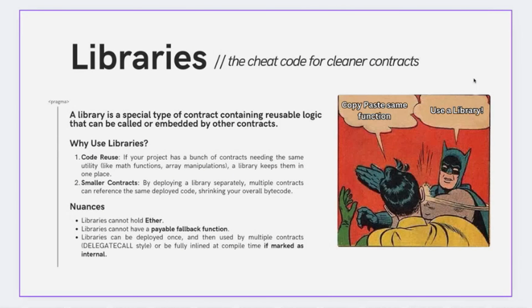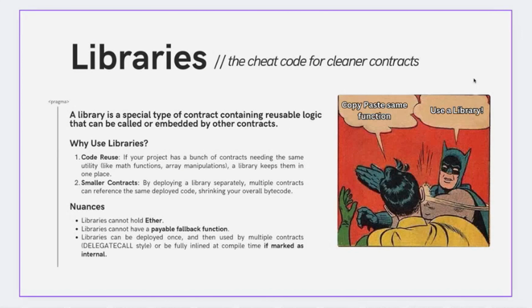One key thing to allow this, though, is that library functions need to be marked as external or public. Otherwise, if they're marked as internal, the functions are actually embedded inside the calling contract that utilizes the library. So this is a fundamental difference between the internal and external functions of a library.